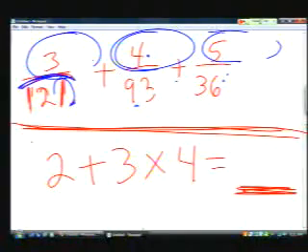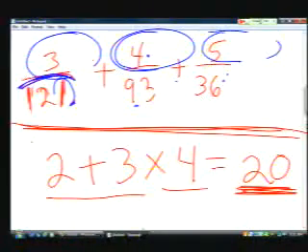So I'm going to do it on my calculator. 2 plus 3 times 4 equals. Now, there are 2 possible answers depending on the type of calculator you have. If you have a Kmart Blue Light Special, or a calculator that you got for free from your insurance agent or something like that, some calculators will give the answer of 20, because it'll go 2 plus 3, and that is 5, and then it'll take that times 4 and get 20.